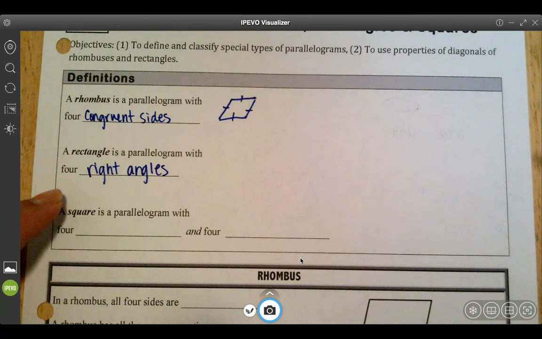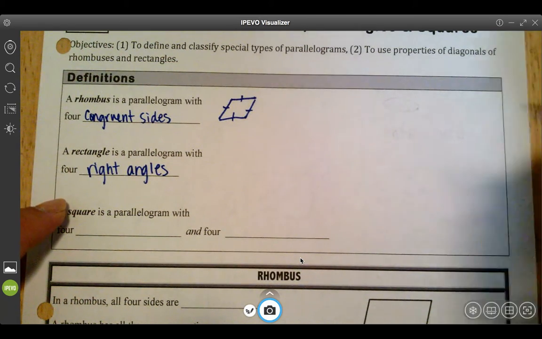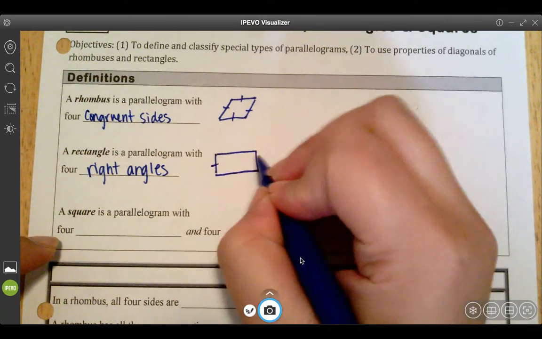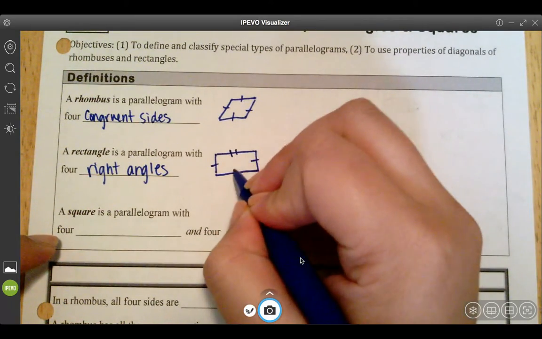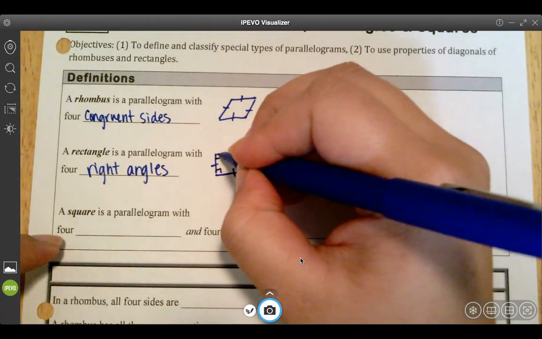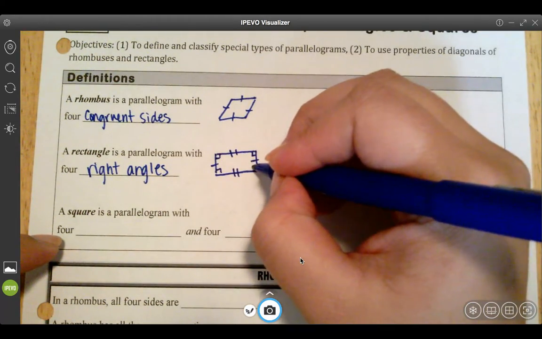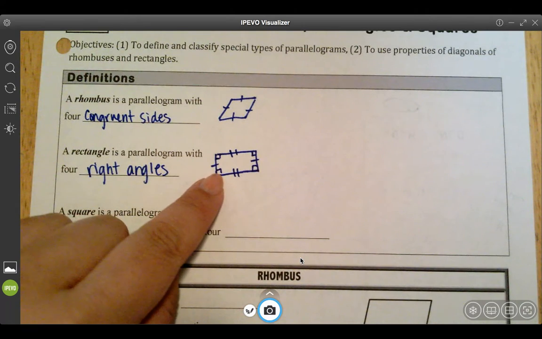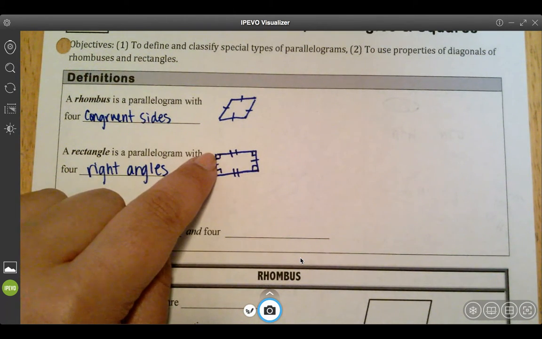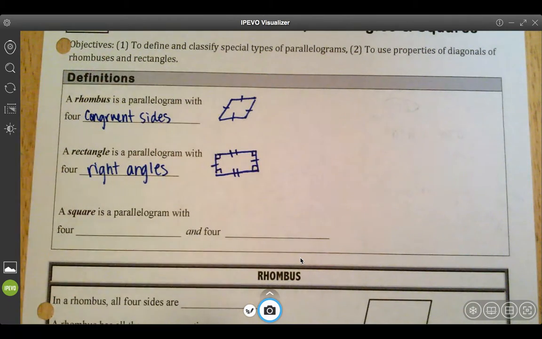But as soon as a parallelogram has one right angle, all four angles have to be right. And that's because of all those properties of a parallelogram. So opposite sides are still parallel and congruent, but now what we have is four right angles. As soon as this one is a right angle, these are supplementary, so that one has to be a right angle, and these ones are congruent, so that's why we could define it with one right angle.